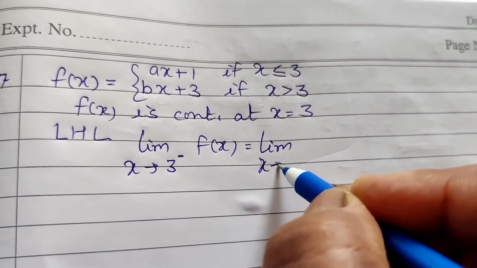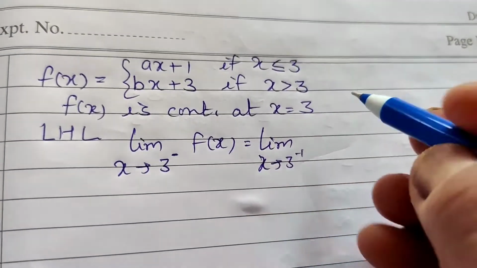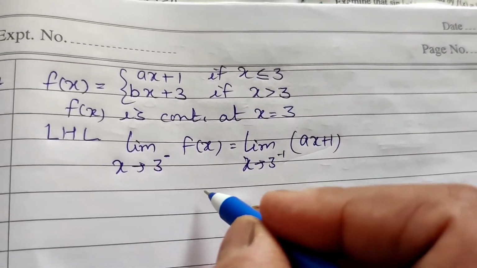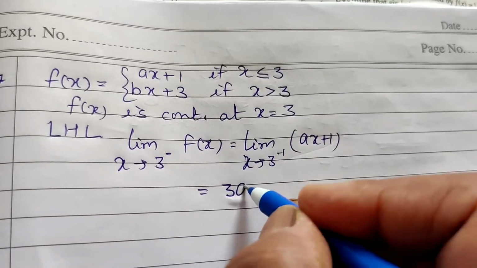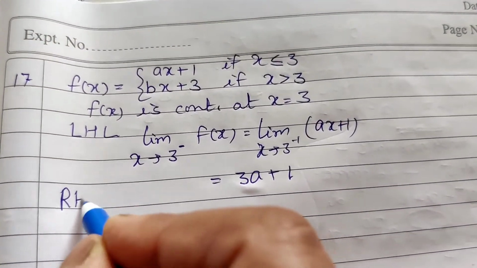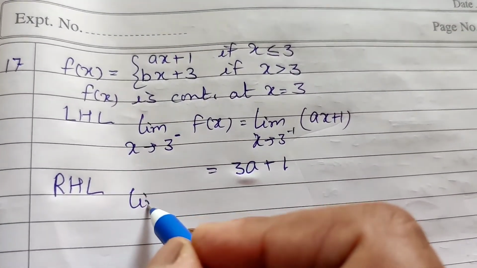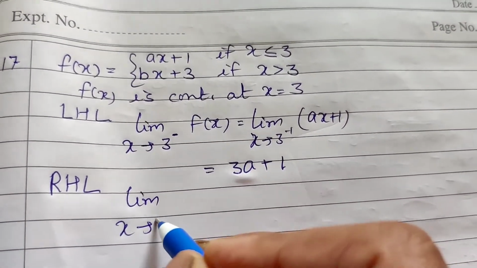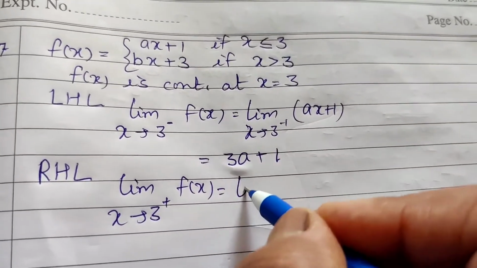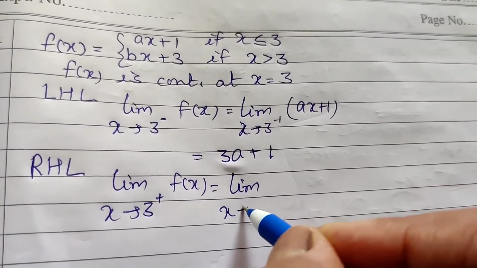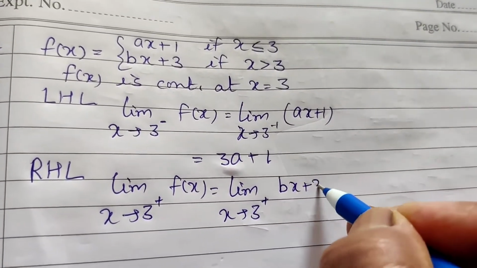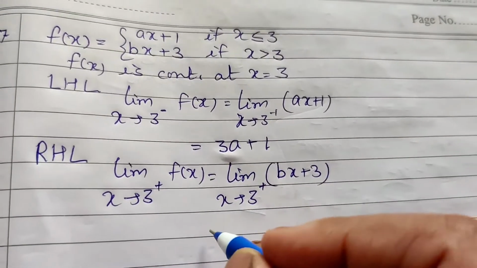When x is less than 3, the function is ax plus 1, so the value is 3a plus 1. For the right hand limit, when x is greater than 3, the function value is bx plus 3. It means 3b plus 3.